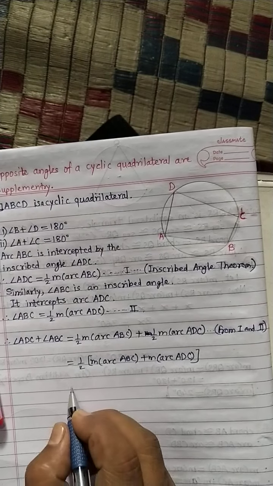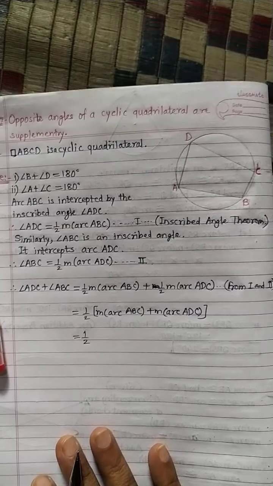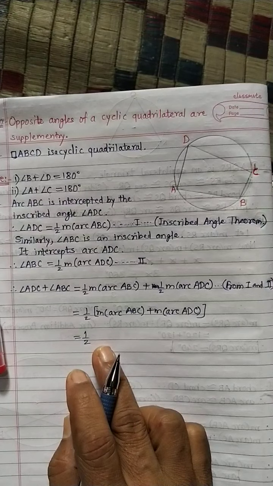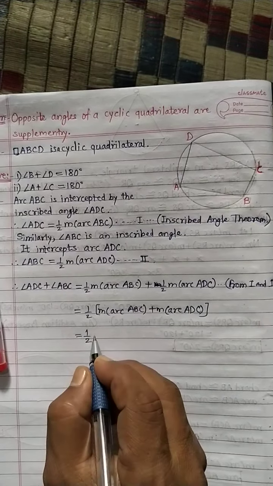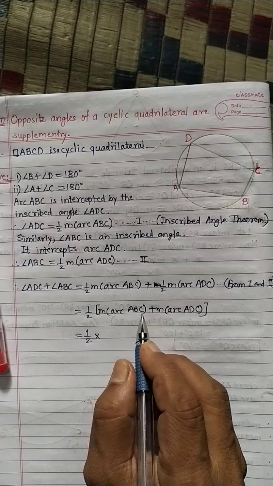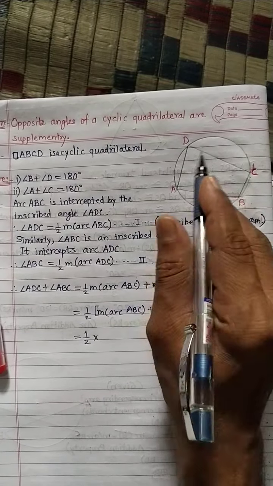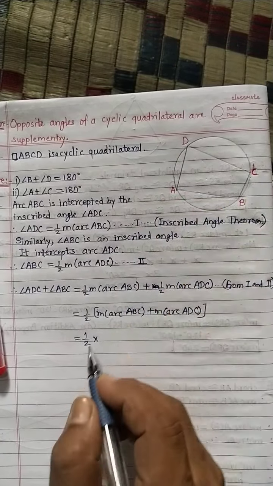Okay, so here angle ADC plus angle ABC is equal to half into the measure of arc ABC plus measure of arc ADC, that means the complete circle.